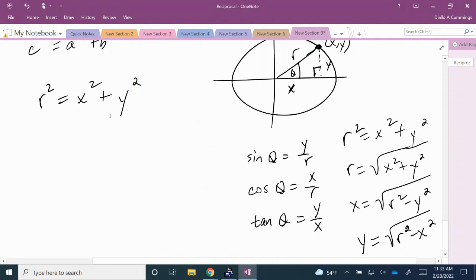So let's see what happens. I'm going to divide the left-hand side by r squared, and the right-hand side by r squared.